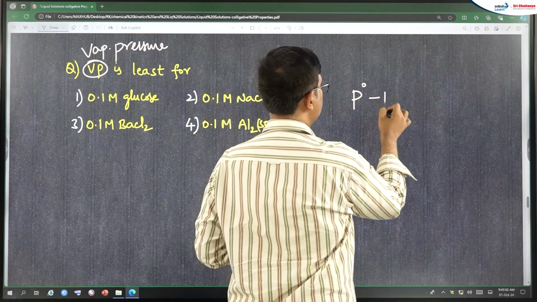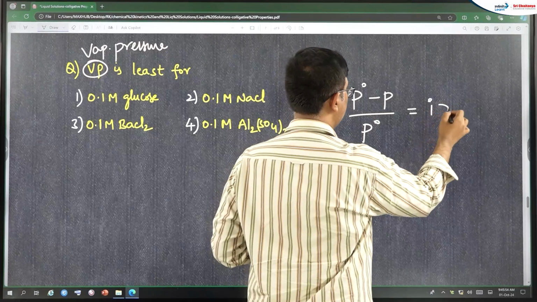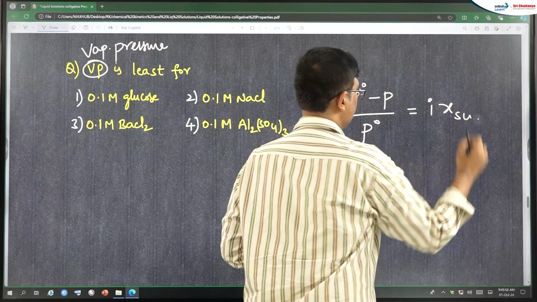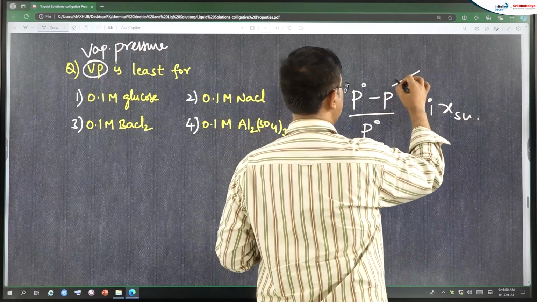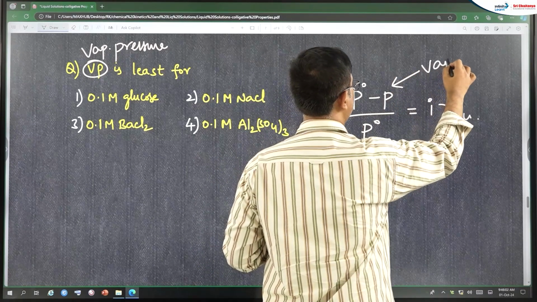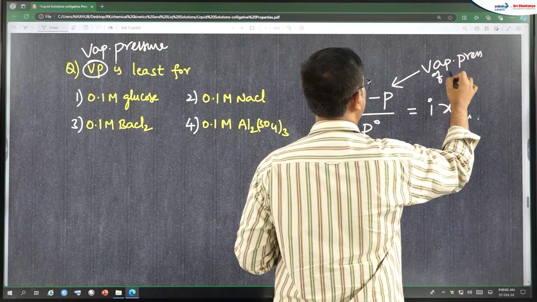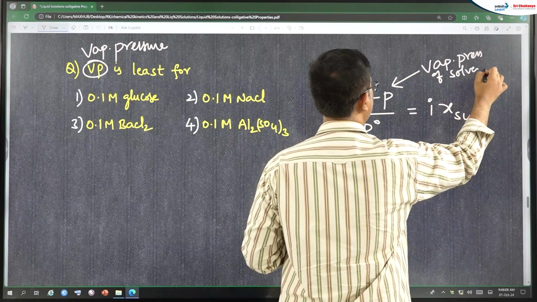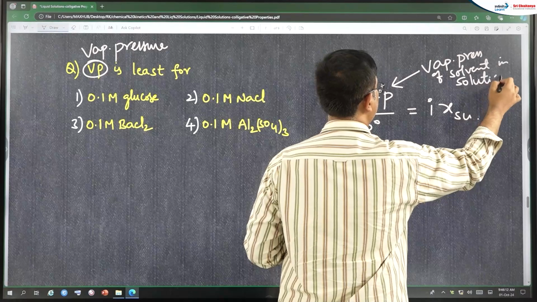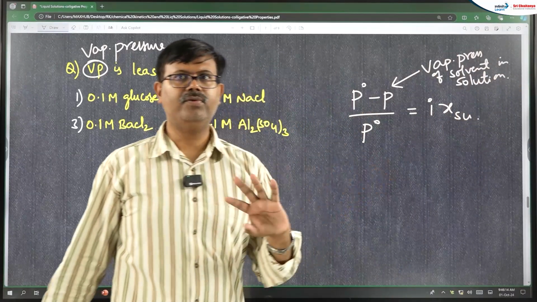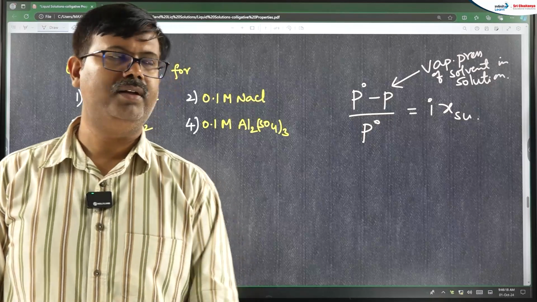P naught minus P by P naught equals i into mole fraction of solute. Now look here, this P is the vapor pressure of solvent in solution. P naught is the pure water vapor pressure, P is the vapor pressure in case of solution.